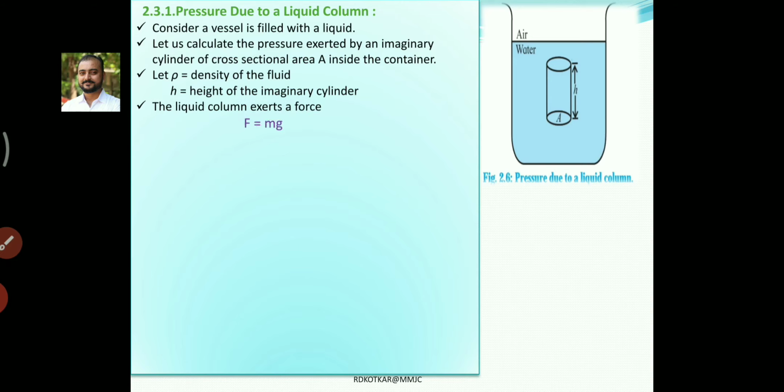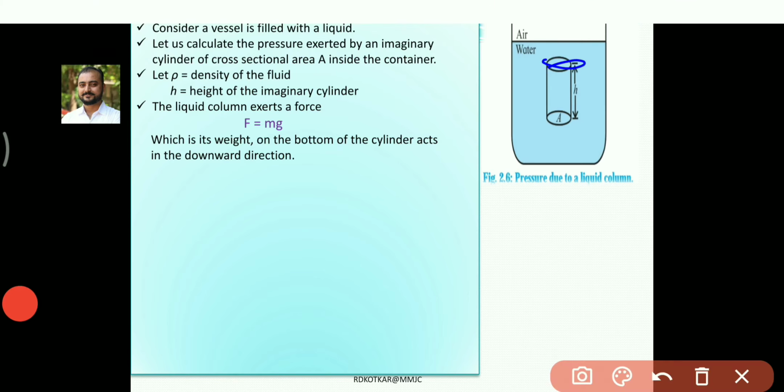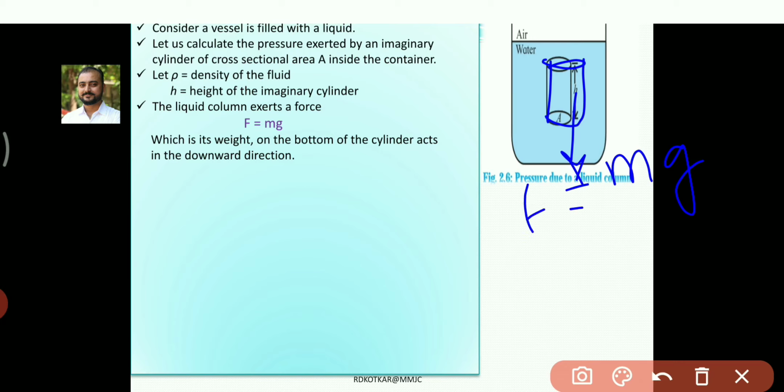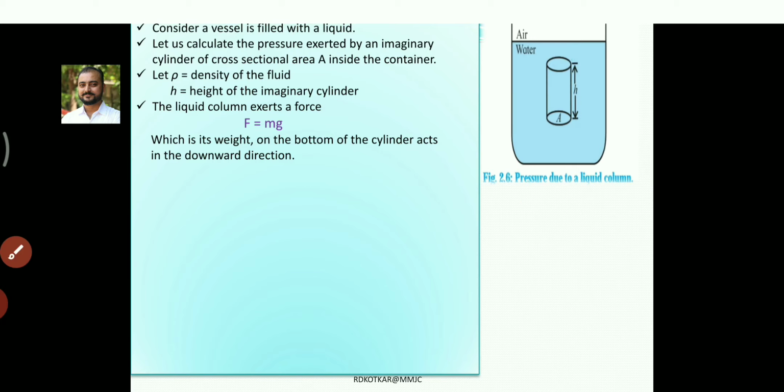The liquid column exerts a force F equals mg. This liquid column present in the cylinder exerts a force in the downward direction, which is called the weight, mg. F equals mg, its weight on the bottom of the cylinder, acts in the downward direction.